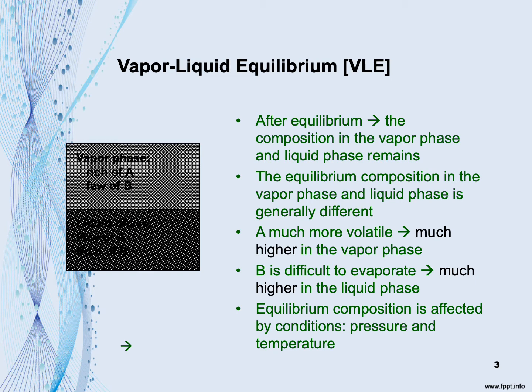In this case, the vapor phase will be rich in component A, and just very few left in B. And in the bottom phase, or in this case the liquid phase, B is difficult to evaporate, so B will remain in the liquid phase with still a little bit of A. So equilibrium composition is affected by conditions, the pressure and temperature, and also the composition, of course, of those components.